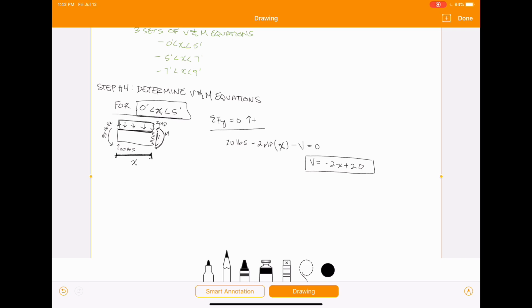Now we can do our sum of moments equation. Again, I always like to take the sum of moments about the cut surface. So about x equals 0, pick a direction as positive.